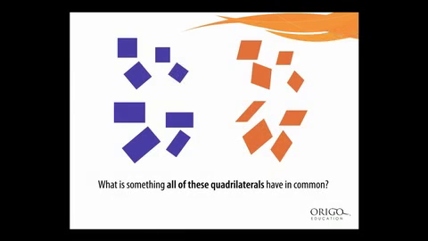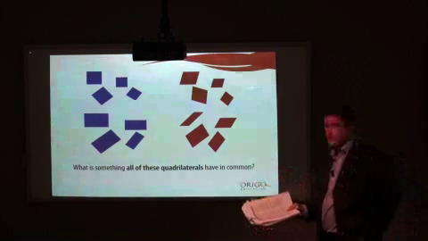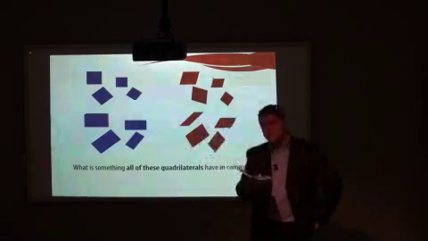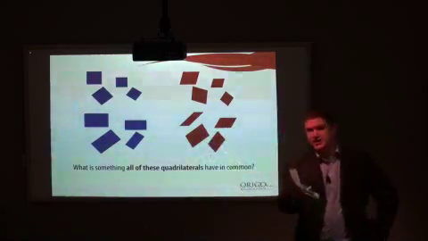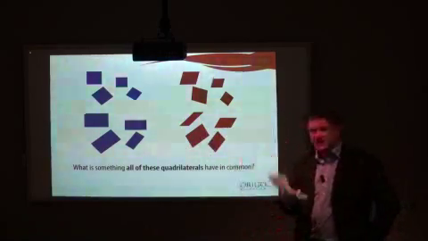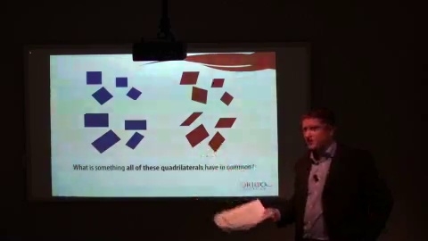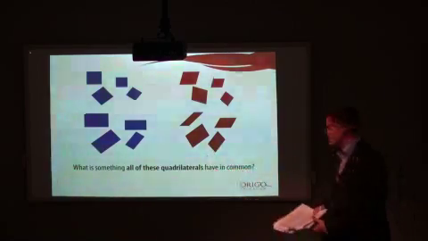In fact, let's look at these, because this is everything we've done so far. What is something that all these quadrilaterals have in common? Well, they're quadrilaterals, so what is something that quadrilaterals have in common? Parallel sides. Yeah, and be more specific. Two pairs. Exactly. All these quadrilaterals have exactly two pairs of parallel sides. Correct?